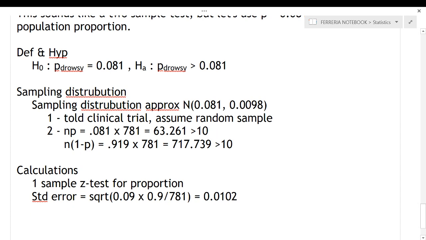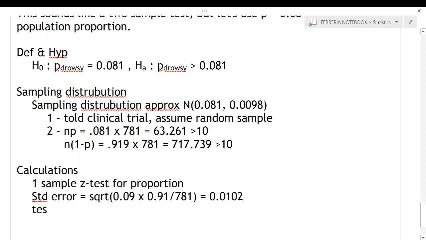One more time. It says 0.09 times 0.9. Should be 0.91. Okay. Exact same number. Okay.